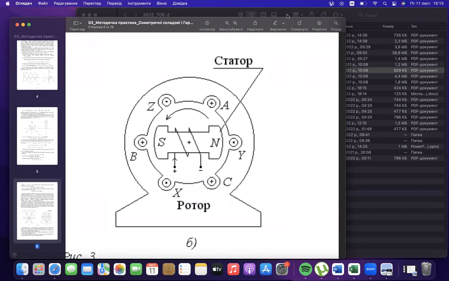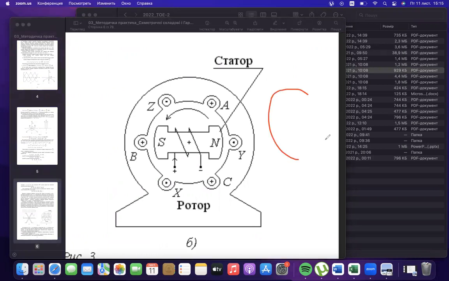We have some static part of an electrical machine that stays static. We have some coil, loops of wire, and this wire is perpendicular to the plane that we see.